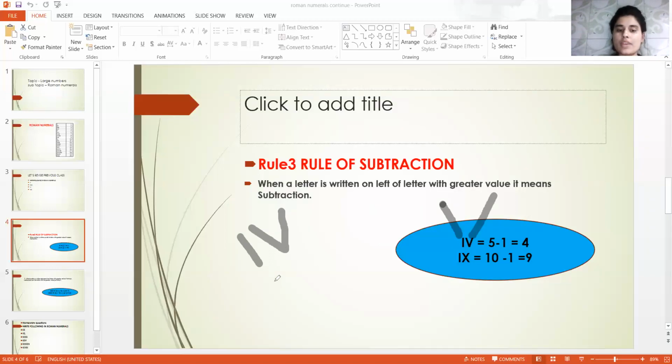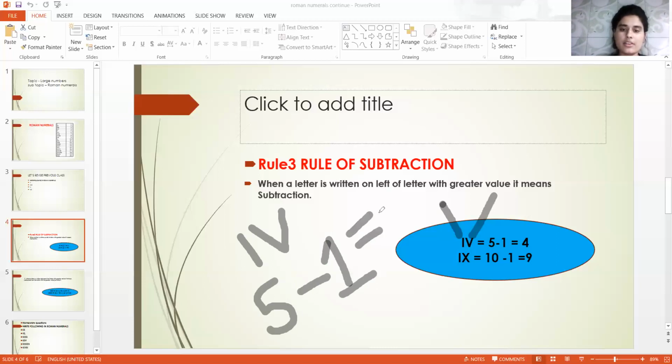So first write the greater value, 5, and then the smaller value I, whose value is 1, and subtract it, and the answer is 4. Okay, everyone? Understood? Let's take another example for a clearer understanding.